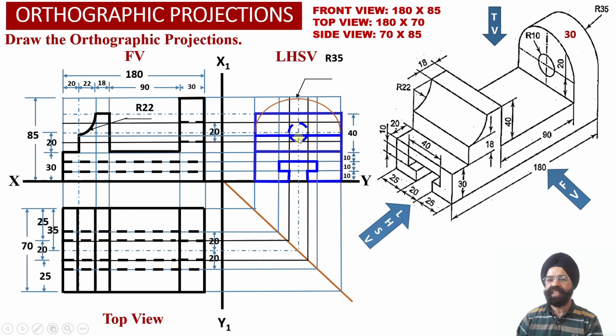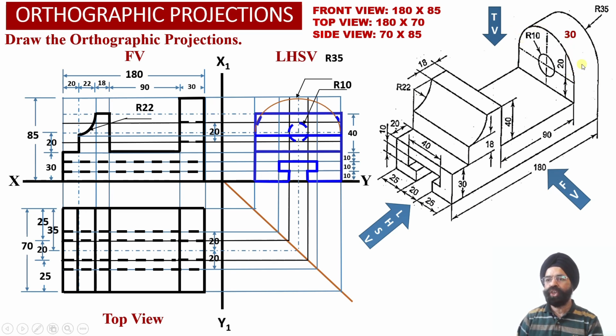Similarly, this portion and this portion corresponding to the semicircular top surface of this vertical web will also not be visible to the observer. So we can check this portion and this portion are not visible to the observer, that is up to the height of 70 millimeter. The circular portion of the arc will not be visible to the observer.